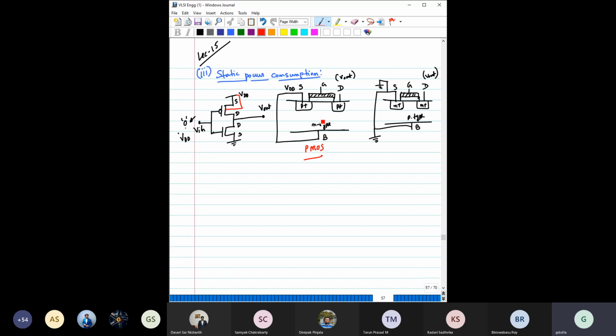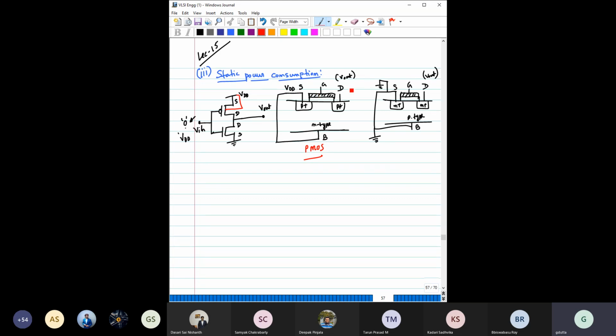And this is V out. This V out is connected with this P plus. This N substrate, this N type part, is always connected with VDD.